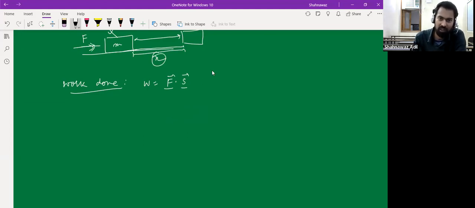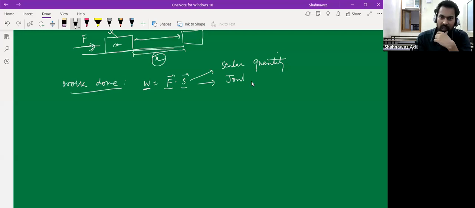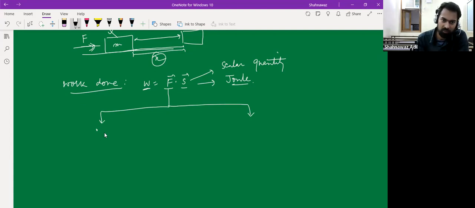As you can see, it is a scalar quantity, and its dimension is like energy, so its unit is joule. There are two kinds of force: a constant force and a variable force.